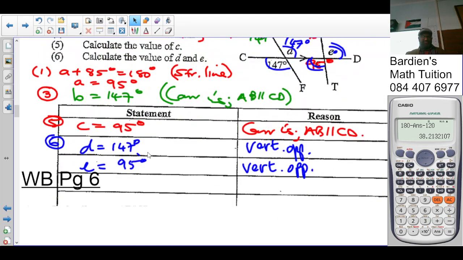Alright. So in our previous lesson, we got up until page 6. Not so? So let's look at what page 7 has in store for us. Let's go here. Grade 8.